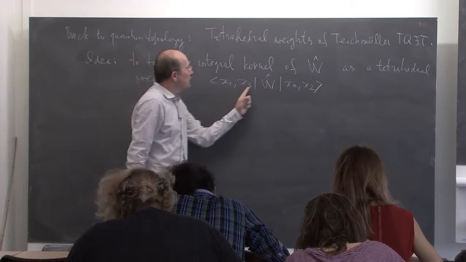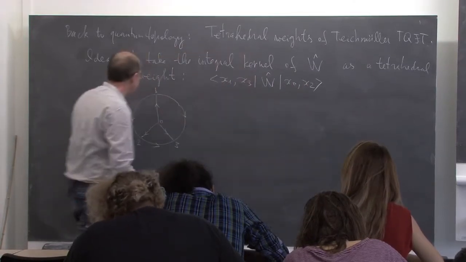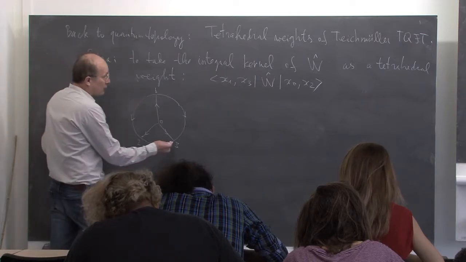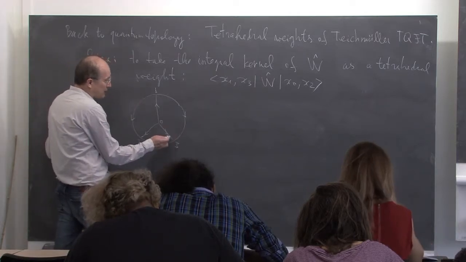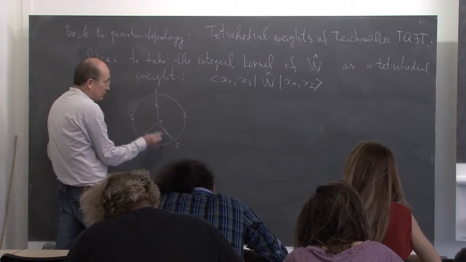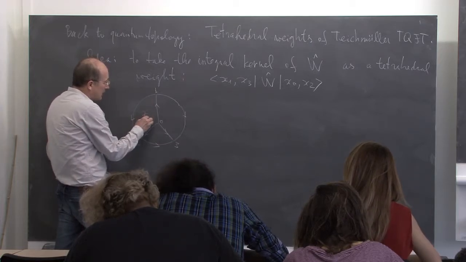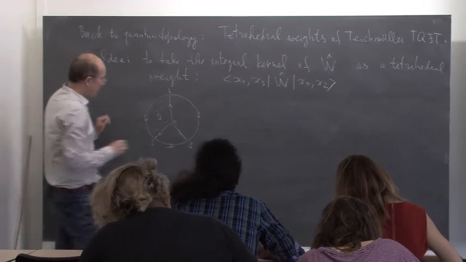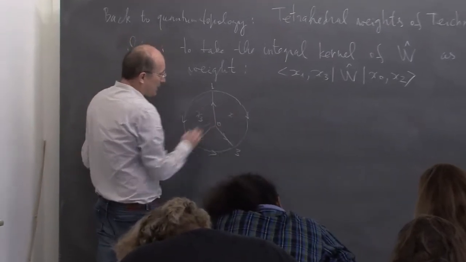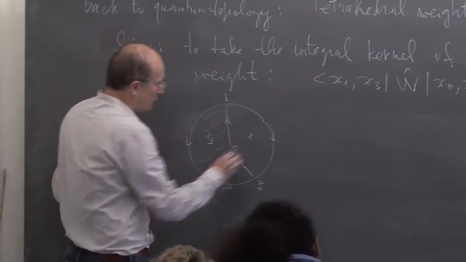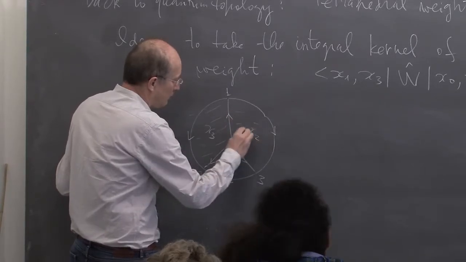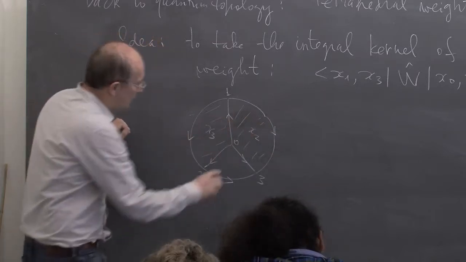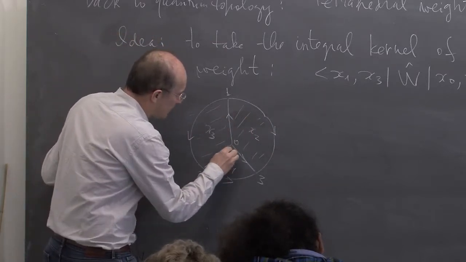Now the way I put these indices corresponds to faces. Each face is opposite to a unique vertex. So x3 will be put on the face opposite to 3. In this face I put the variable x3, in this face the variable x2, and in this face the variable x1.